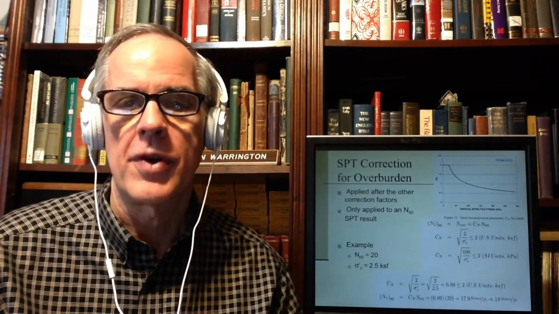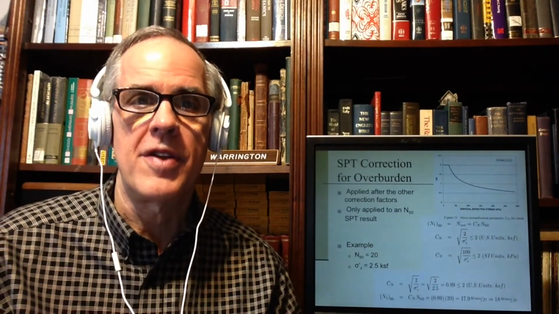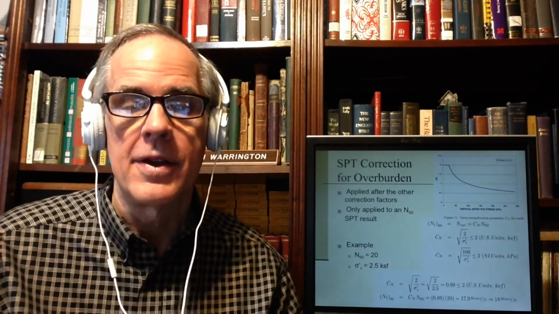It's not pretty, but that's the way it's done. Some boring logs will actually do all the corrections, or at least get them to N60, or at least give you the information so that you can get to N60.